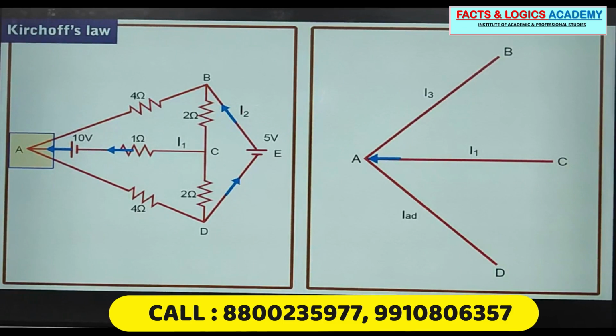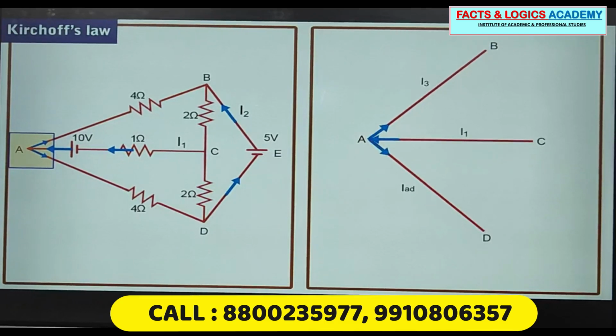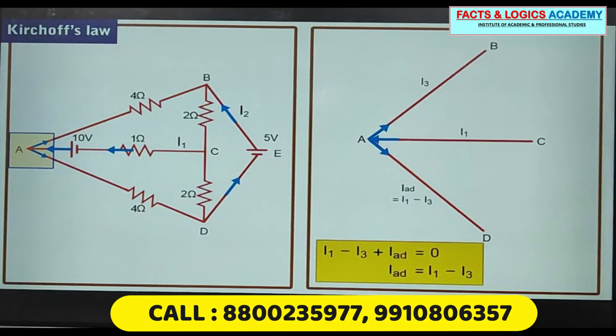Let us assume that a current I3 is flowing in branch BA in the direction A to B. We are now left with only one branch, that is AD, to which we have to label the current. Let us assume that the current is flowing from A to D. We can now apply Kirchhoff's first rule to find the magnitude of this current.